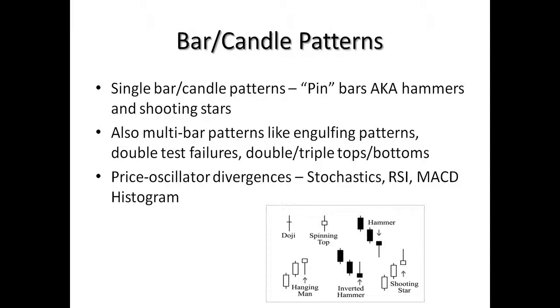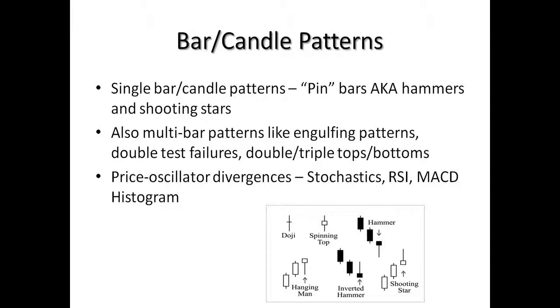And how do I use stochastics to look for divergences in the market? When I talk about divergences, most people think of what's called regular divergence, not what's called hidden divergence. So I'm primarily just going to be talking about regular divergence. And this, again, like the candle patterns, is simply a confirmation. I would not take a trade based upon a price oscillator divergence alone.